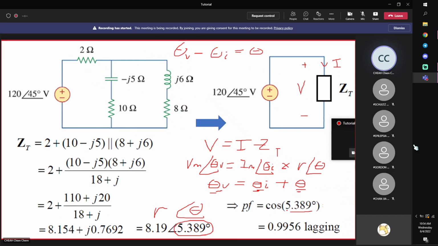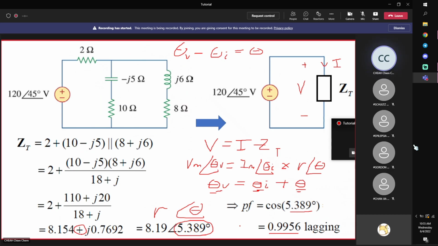The value of cosine, whether the angle is negative or positive, is always positive. So it's 0.9956. Now, how do we know it's lagging? Here I put lagging. You check your impedance: positive reactance, so it's inductive.